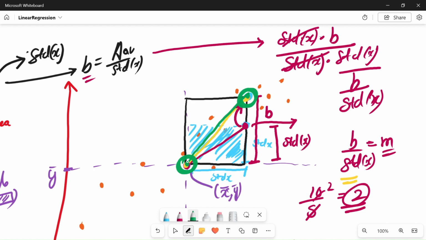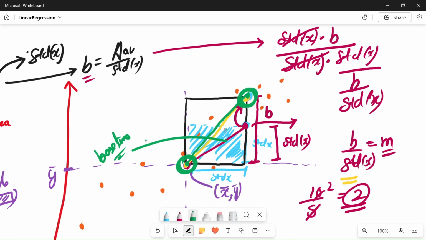Now, why we had chosen standard deviation of x here, so you can say this is our kind of baseline. Baseline is the one from where the line starts by default. So this line is the default line because it is made by known values.